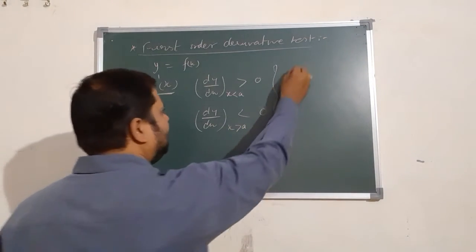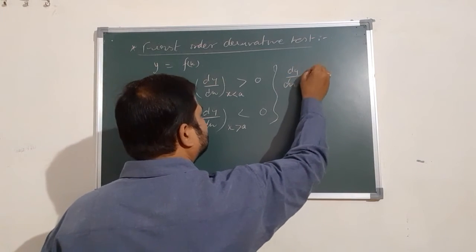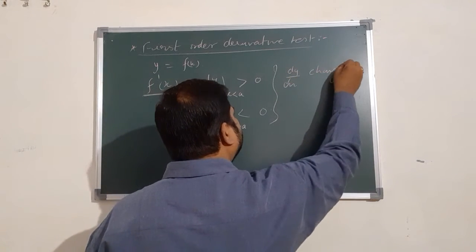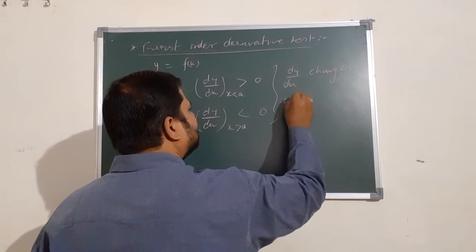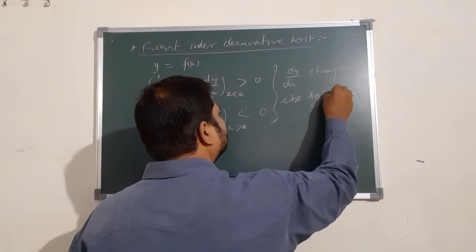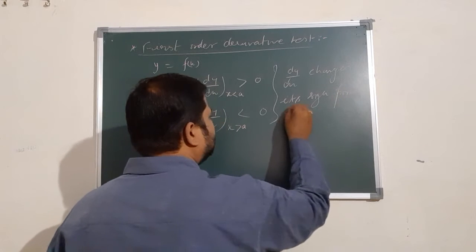This means dy by dx changes its sign from positive to negative.